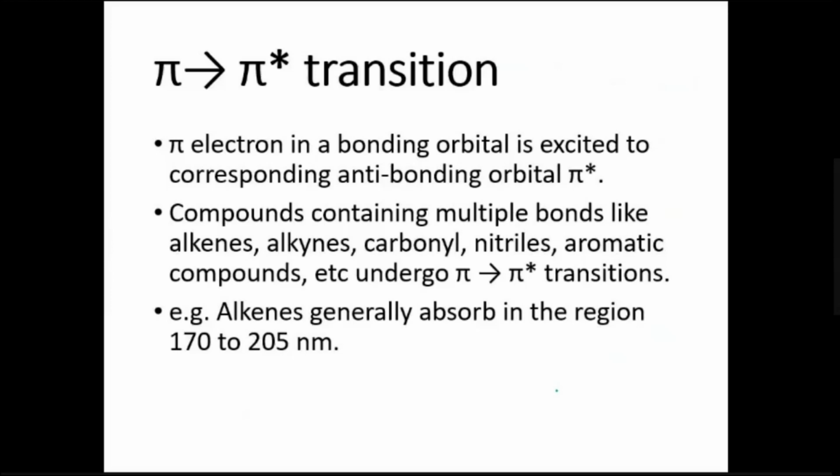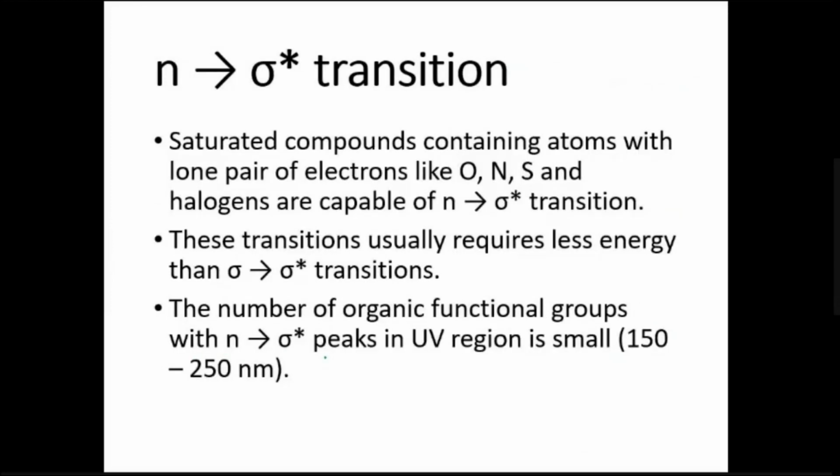So they are already at higher energy. To excite these higher energy electrons, you will require less energy as compared to sigma orbitals. That's why these absorb at slightly longer wavelengths, with an absorption range of 170 to 205 nanometers.